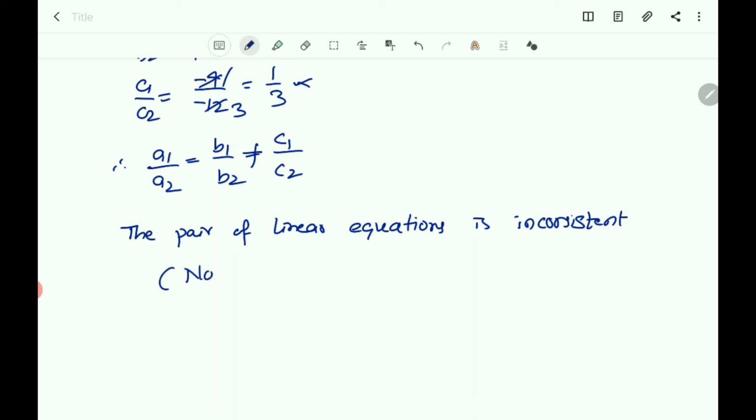They do not have a solution here. No solution, as a1 by a2 is equal to b1 by b2 not equal to c1 by c2.